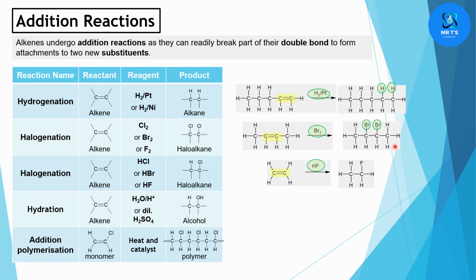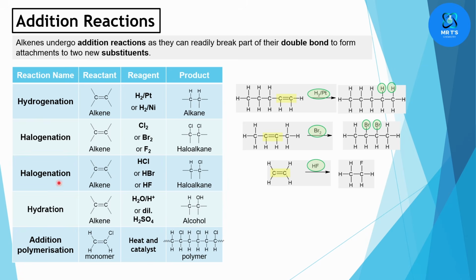Now, actually, sometimes we have an issue when we break the bond. If the alkene is asymmetric, we have to decide what side we put the fluorine and what side we put the hydrogen. And in fact, in a later video, we're going to learn about Markovnikov's rule that explains how we identify which one will happen. So that's the two types of halogen reactions.